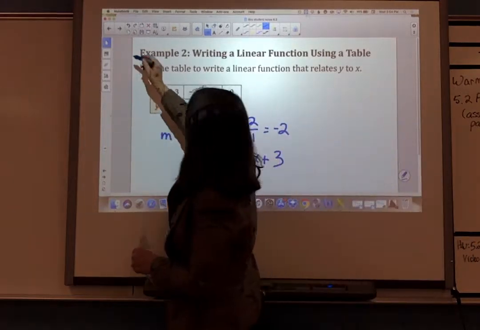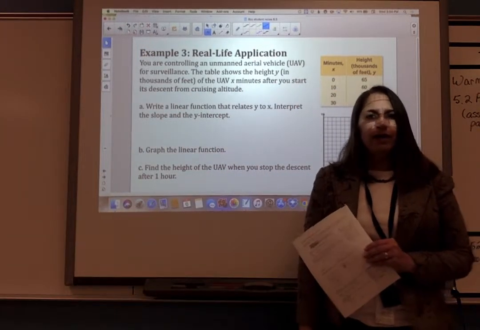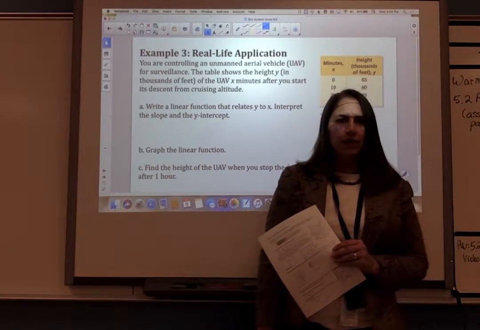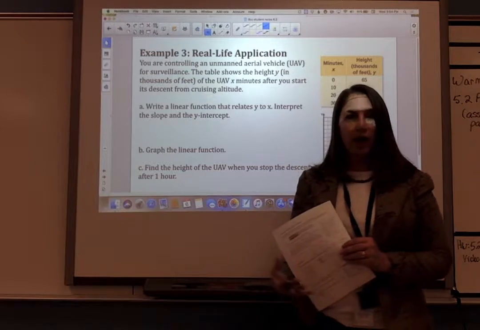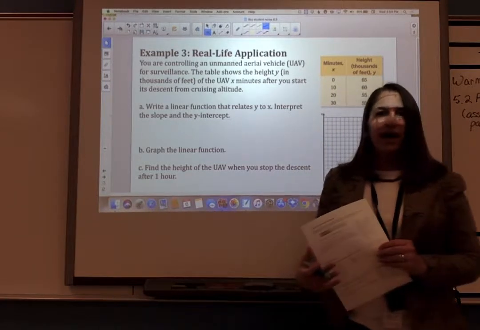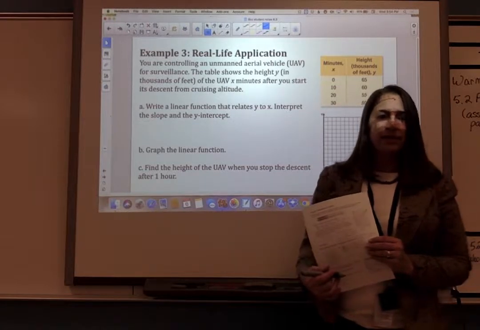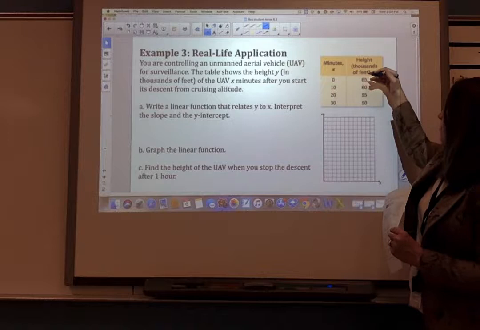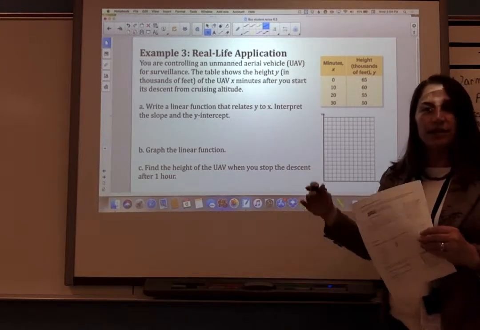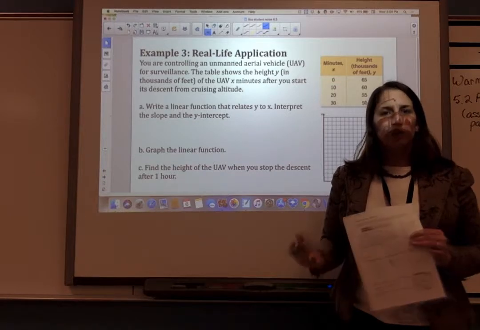All right, let's look at a real-life example. Here we're controlling an unmanned aerial vehicle for surveillance, and the table shows the height, y, in thousands of feet of the UAV, x minutes after you start its descent from cruising altitude. We can see that the height is decreasing because we're descending, and we need to write a linear function.